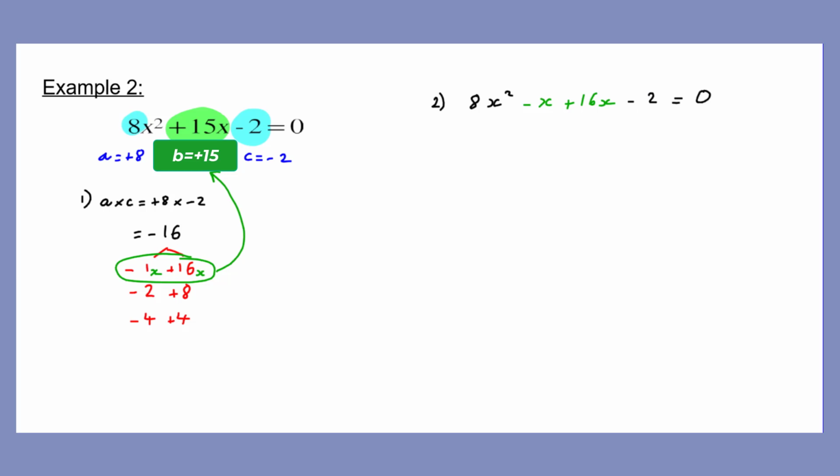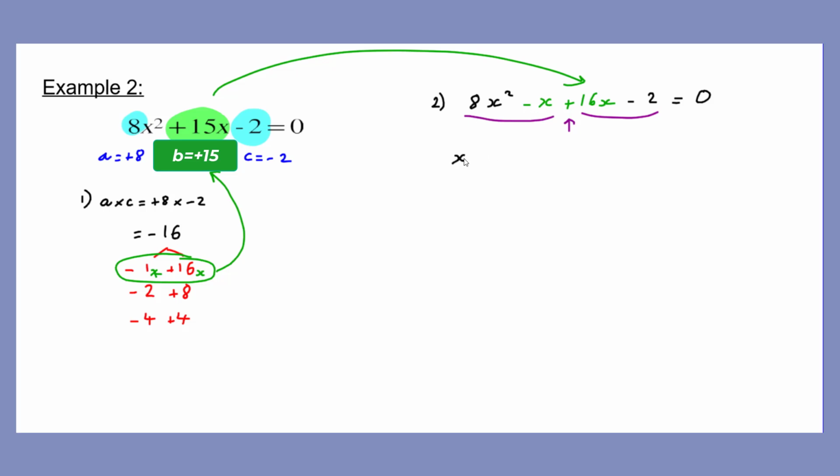Now we can start the factorization process by looking at the first two terms and then the second two terms. So 15x has been replaced by minus x plus 16x. Let's look at the first two terms and the second two terms as we mentioned, keeping the positive sign in between. Now 8x squared minus x, looking at the highest common factor, in this case is x.